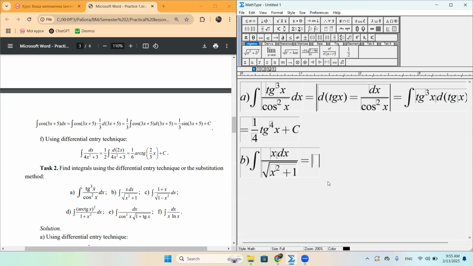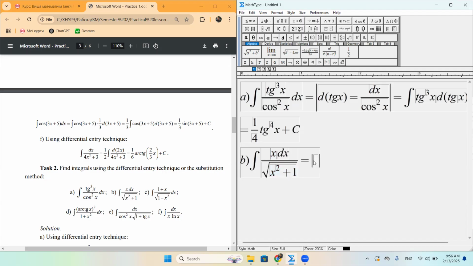Still no idea? Okay, let me help you. So we have the differential of x in x squared plus 1. Well, how can we receive x? We can differentiate x squared divided by 2. But we have here this expression.